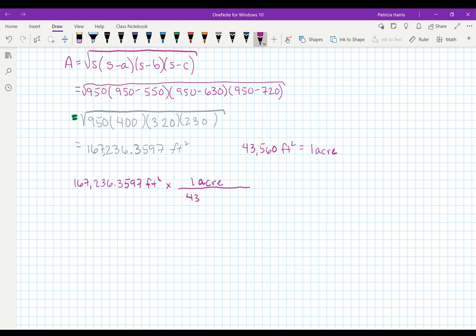The unit that you want to change from, so we want to change from square feet, should be on the bottom because you actually want those to cancel out. So this becomes 3.834 acres with rounding.